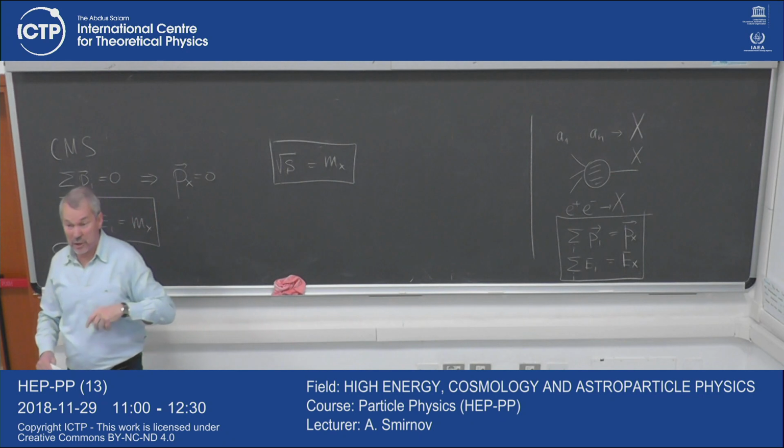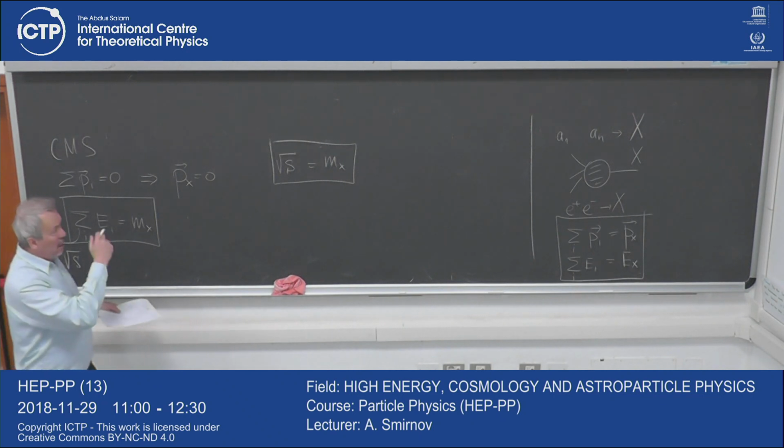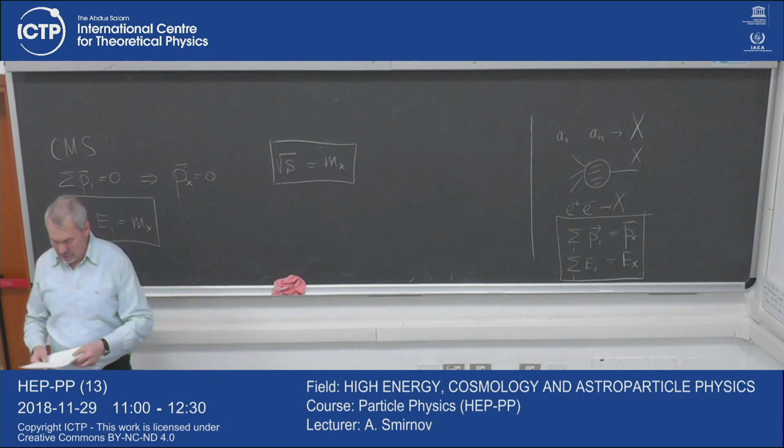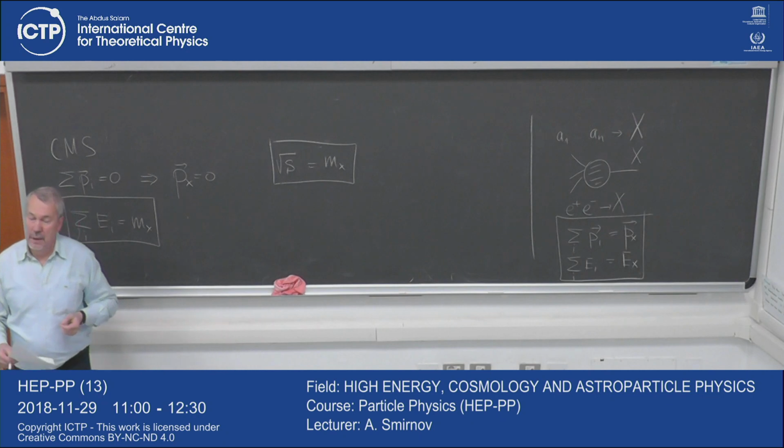So this is the way to measure the mass. You observe the process, you see that you produce a single particle in the final state, and then you can find what is the square root of s, and then you find what is the mass of the particle. So this is the way to measure the mass of the particle. Okay?